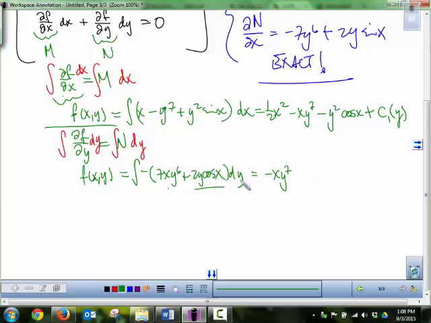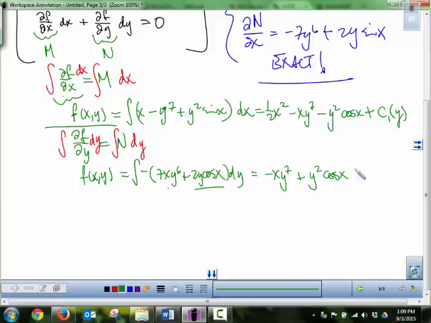Now the next one with respect to y, so cosine is constant. So what's the antiderivative of 2y? Y squared. So that's y squared cosine x.